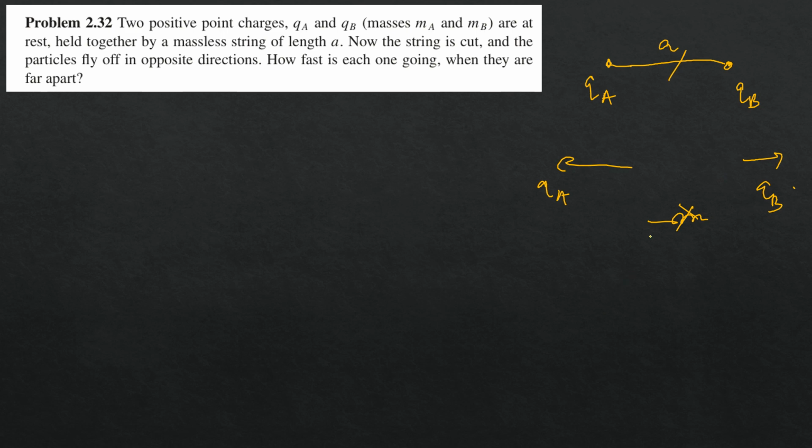How do I approach this question? This is QA, QB. Now the string is cut. That means the energy stored at this moment is potential energy. When they are moving, that converts into kinetic energy. I think that is what we have to calculate. Let's think a bit.